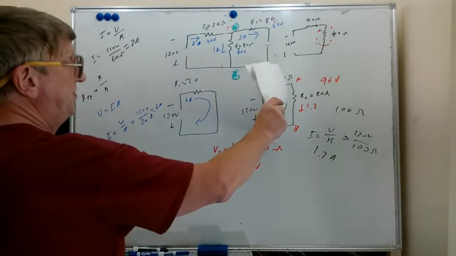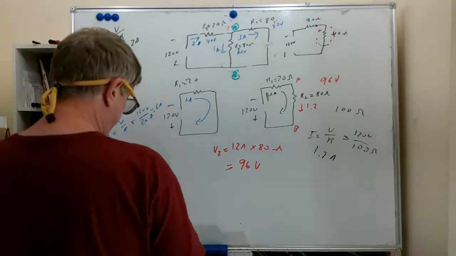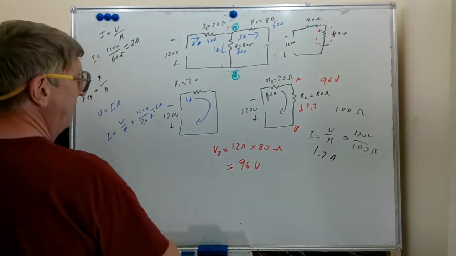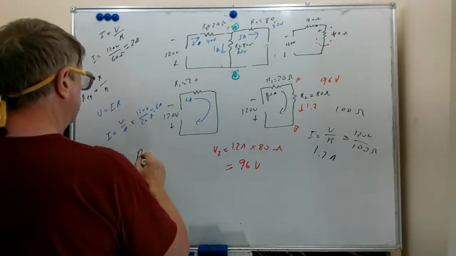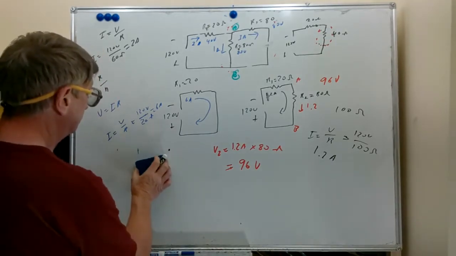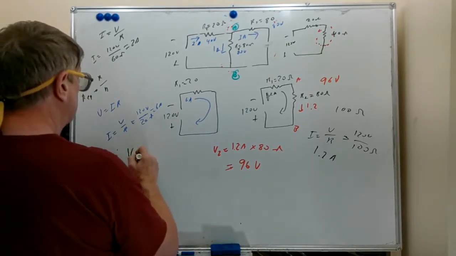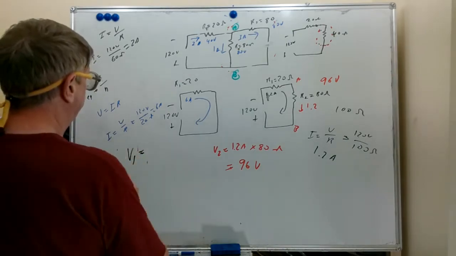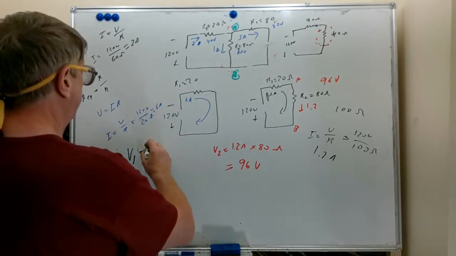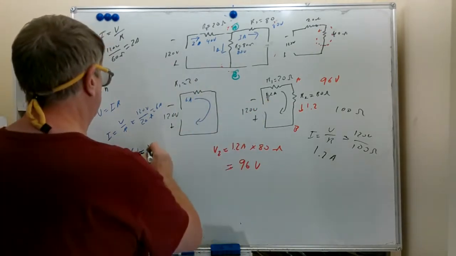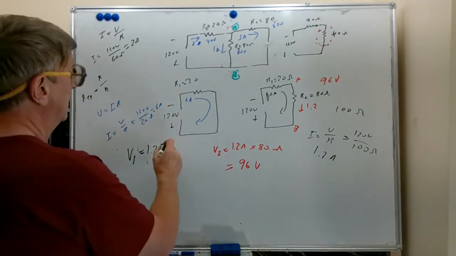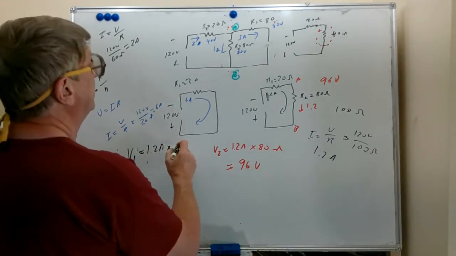We were over voltaging that part of the circuit, and we're actually under voltaging this part of the circuit, R1. VR1, we'll call it V1. We have 1.2 amps now. We're using this same voltage equals I times R times the 20 ohms.